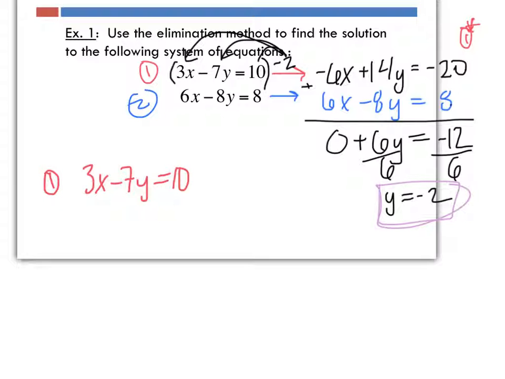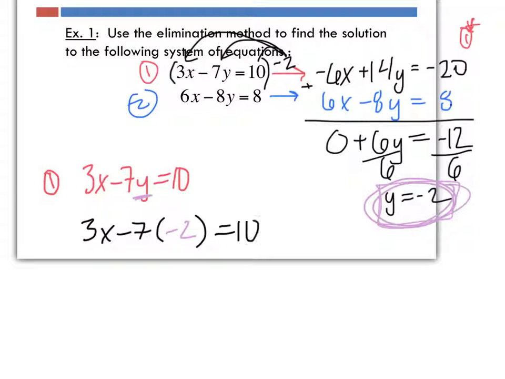We know y equals -2, so you can plug that in. You get 3x minus 7 times -2 equals 10. 3x minus 7 times -2 is positive 14 equals 10.